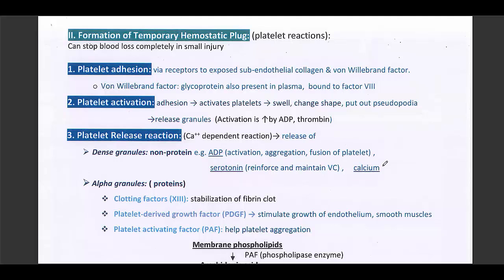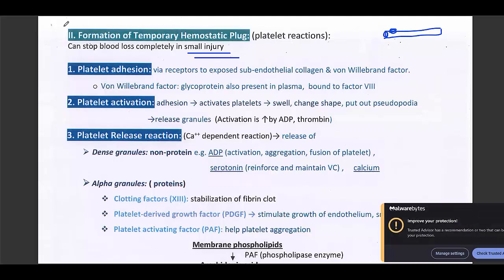Secondly, let's go to formation of the temporary hemostatic plug, or platelet reaction. This mechanism works specifically in small injuries. It starts with platelet adhesion. For example, let's imagine this is a normal blood capillary that gets injured at this site.